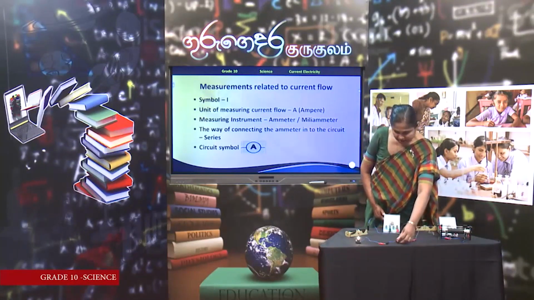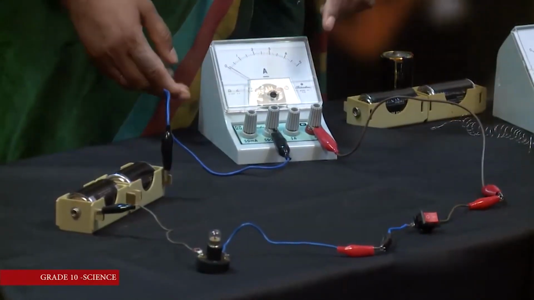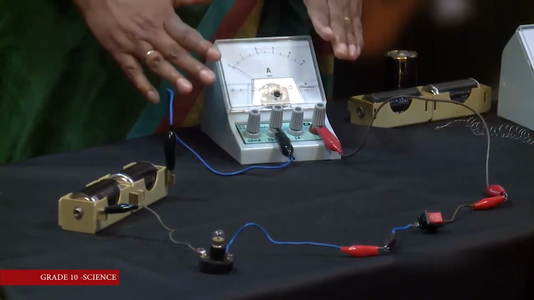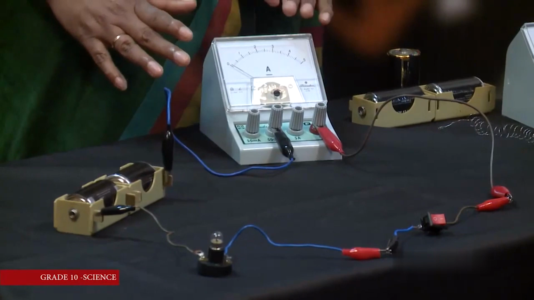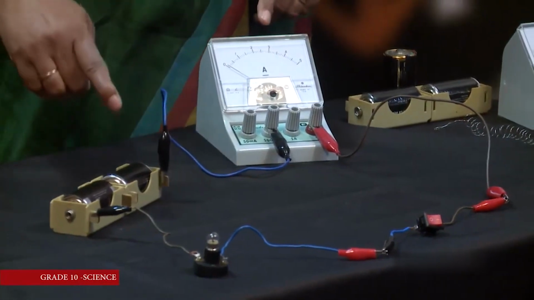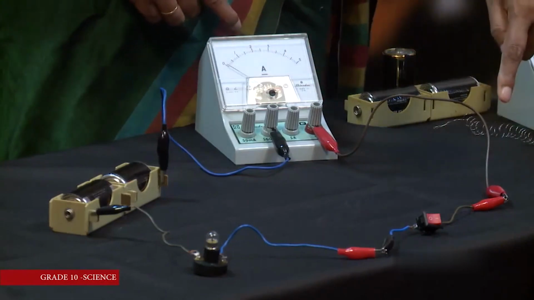Now look at, children, when the ammeter is connected to the circuit, it is inserted inside the circuit in a manner like all the current flows through the ammeter.